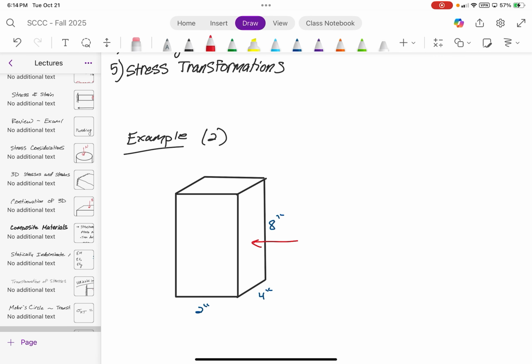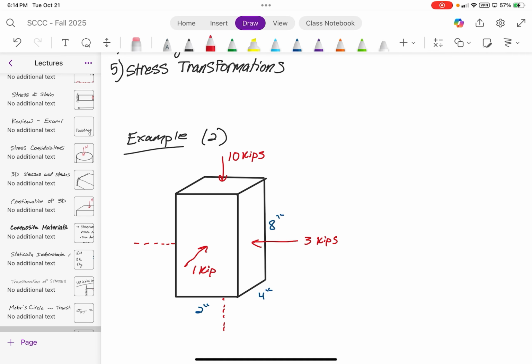And it is subjected to forces of 3 kips and 10 kips. There's going to be an equivalent stress going through there, equivalent stress going through there.